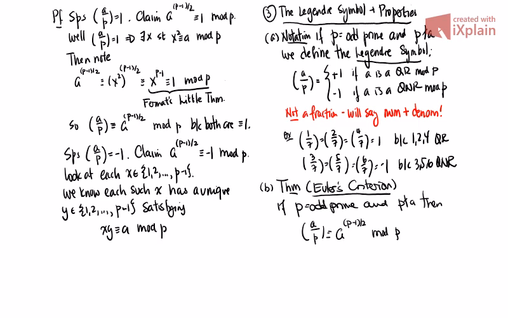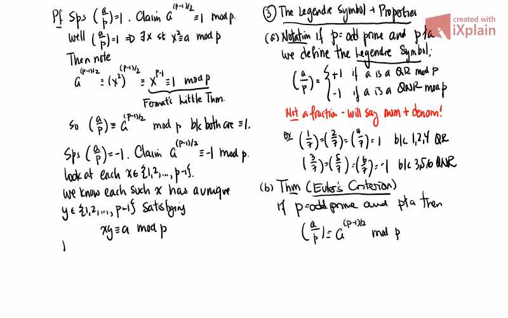Now, take a second to digest why this is. This is a linear congruence right here. The coefficient is x, and we know that a linear congruence has a solution if the GCD of the coefficient and the modulus divides a.